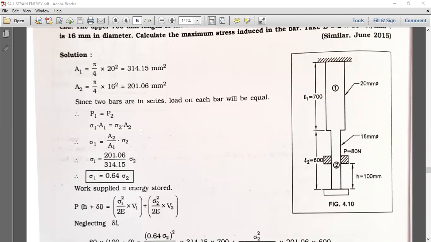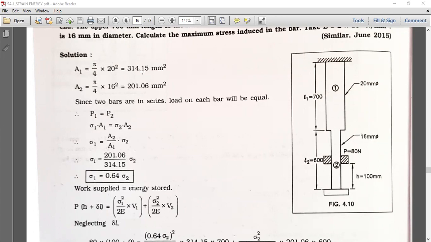Let us find the area of each diameter rod by the equation pi by 4 into d square. We can get A1 for 20 diameter as 314.15 square mm, and A2 for 16 diameter as 201.06 square mm. Since the two bars are in series, the load on each bar is equal.